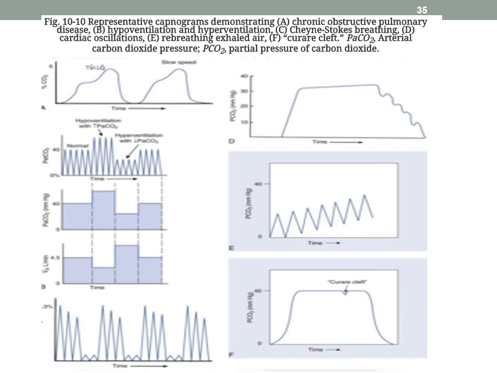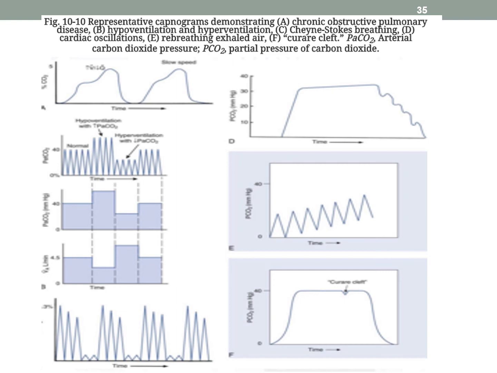Hypoventilation with an increase in your PaCO2, and on the flip side, hyperventilation with decreased CO2, shown more as a bar graph as you follow down. That's all considered B, those three graphs.